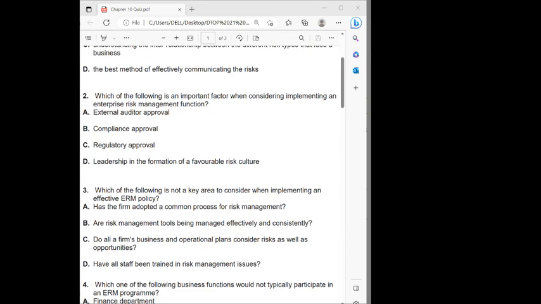External auditor approval, compliance approval, regulatory approval, leadership in the formation of a favorable risk culture. Yes, as all of you have said, the correct answer is D. So I will not explain it because all of you have given the correct answer. Right, good. Let's go to the next question.